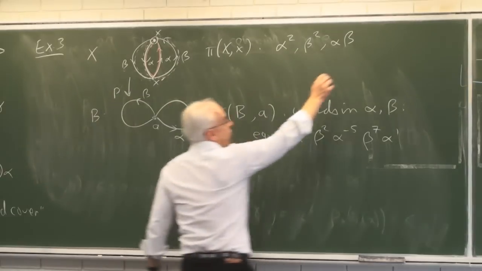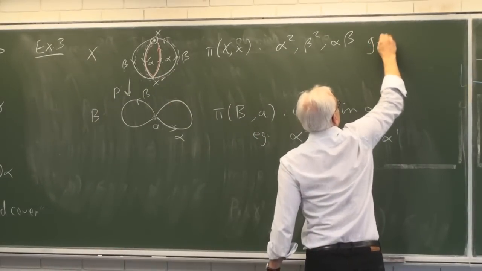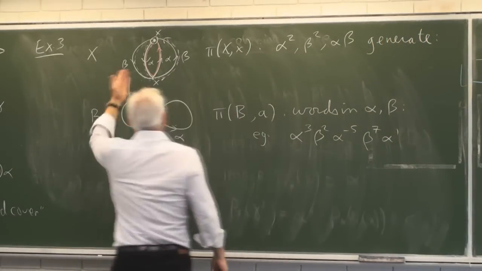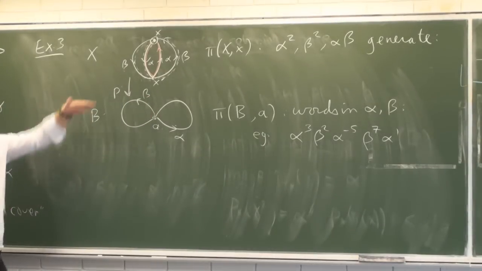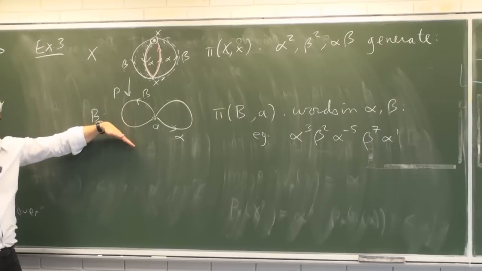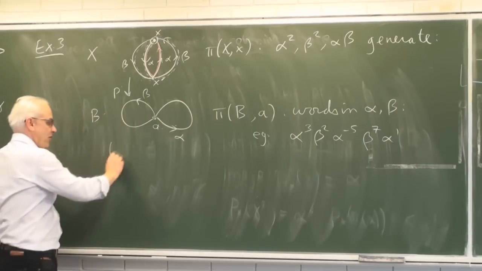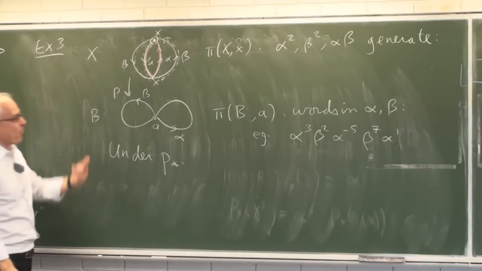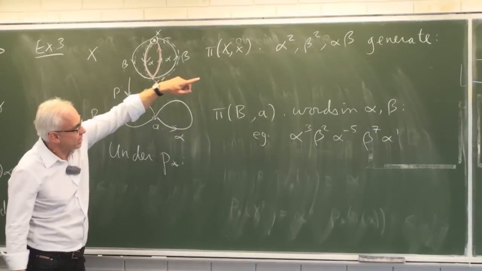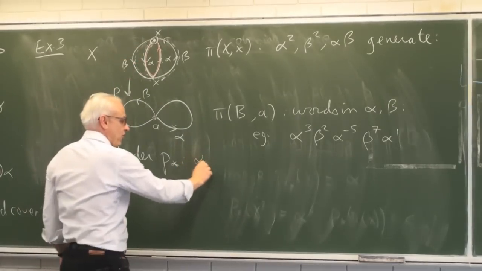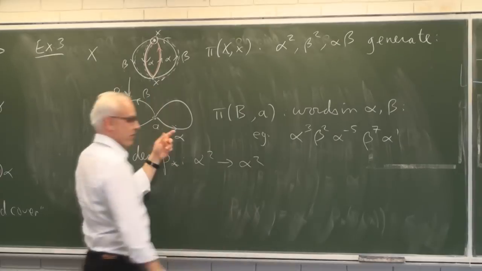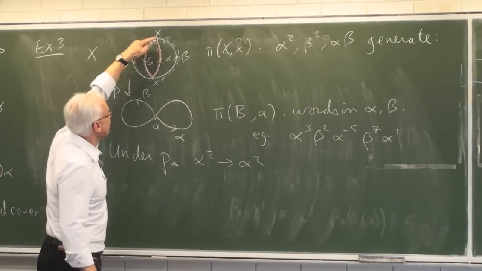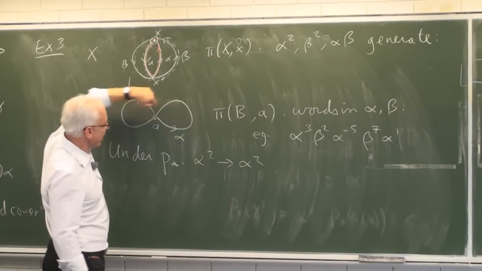So these three form a generating set. And this way of writing the loops makes it completely clear what the images are going to be. Under P star, what I'm calling alpha squared just goes to alpha squared down here. So as I go around here, alpha, alpha, the image goes alpha, alpha.